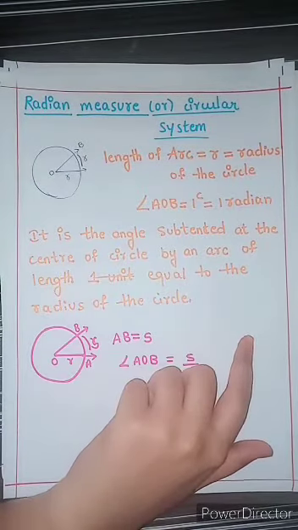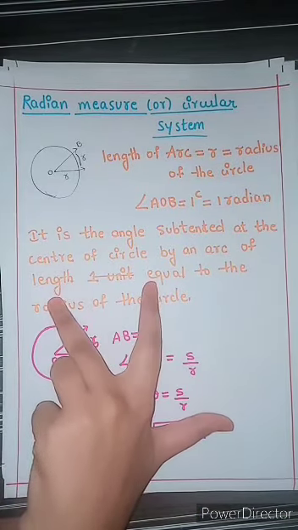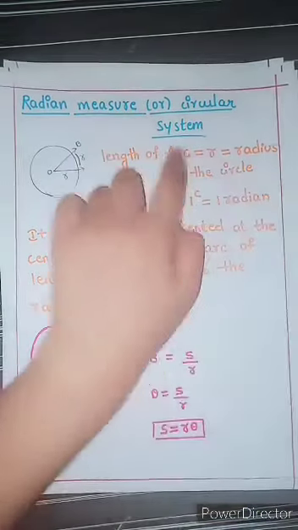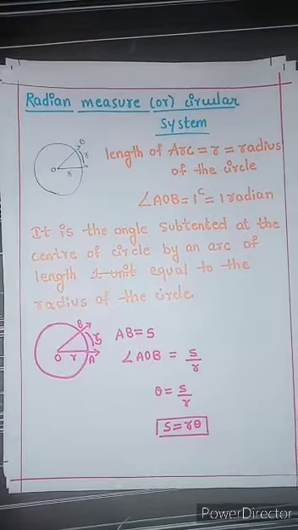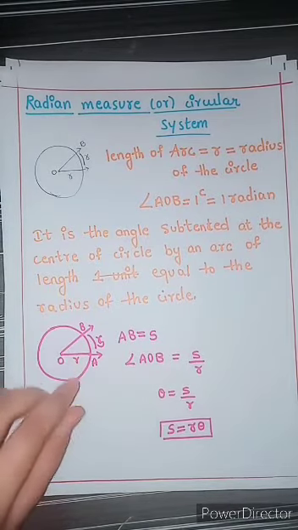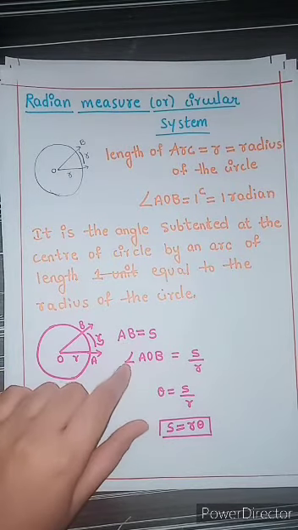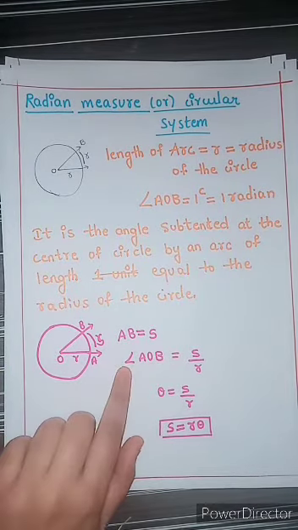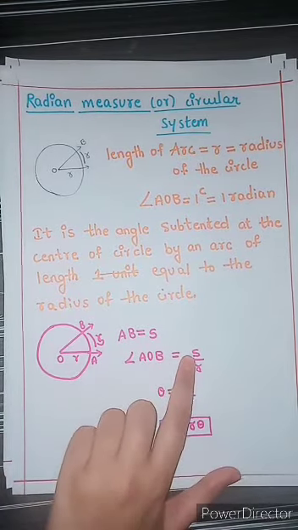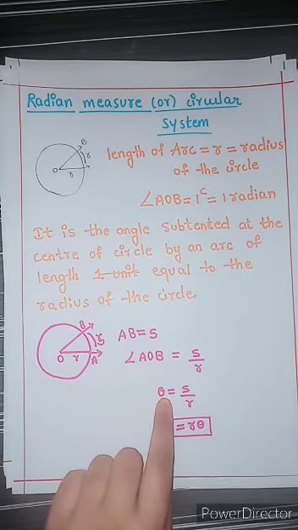Now its definition is, it is the angle subtended at the center of a circle by an arc of length equal to 1 radius of the circle. Okay, this is the definition. Now consider any 2 points A and B having length of arc AB as S, and angle AOB is equal to S by R, where S is arc length and R is radius of the circle.